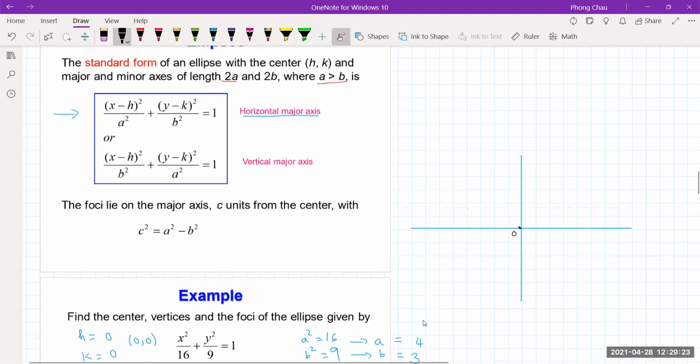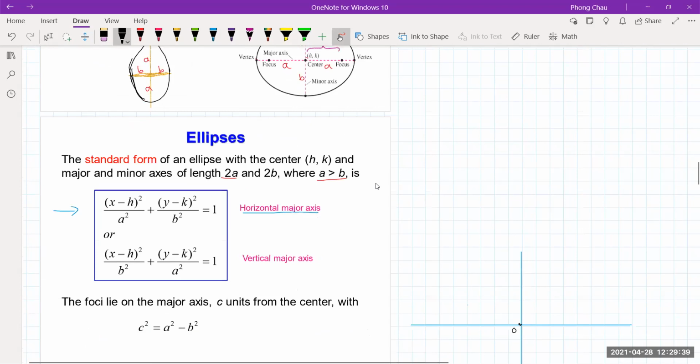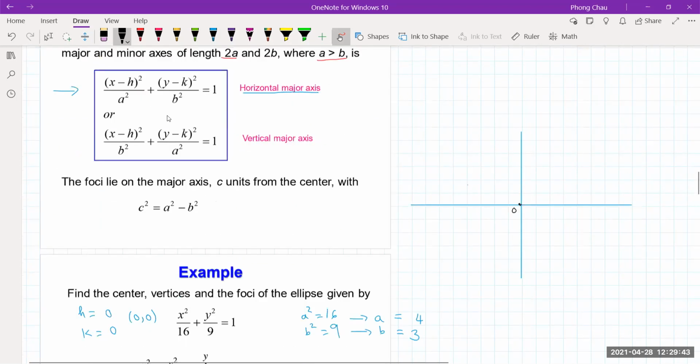So don't forget what a and b are. a is the distance from the center to the vertex. b is the distance from the center to the other points on the ellipse. Now, because I know a squared is under x, I know this is a horizontal major axis.